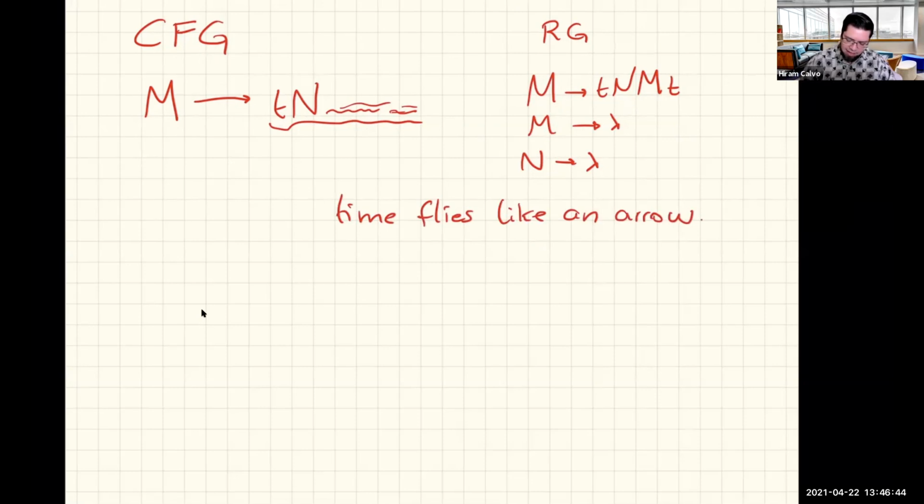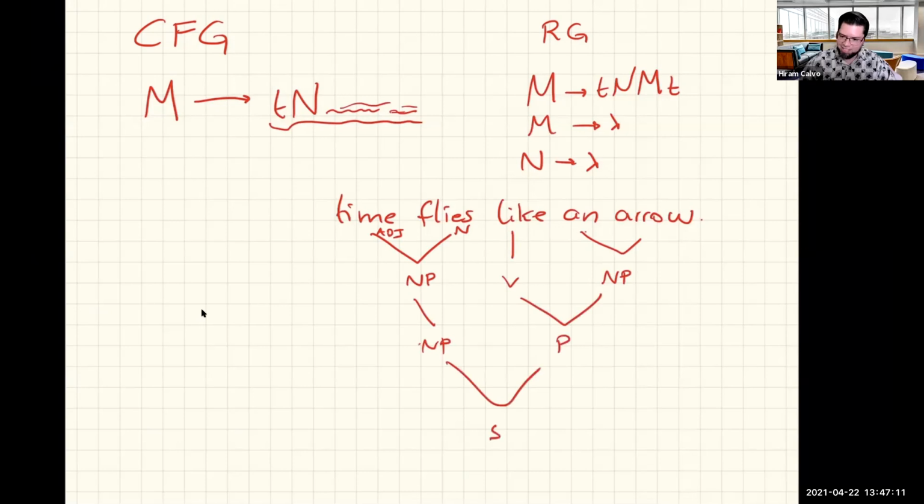You can say that there is something called time flies, that this is the adjective modifying this noun, and then you have a noun here, which are time flies, and then this is the verb, and an arrow is another noun phrase. Then this is the subject, and this is the predicate, and this is a sentence. So this is one way of interpreting this, like time flies like an arrow.